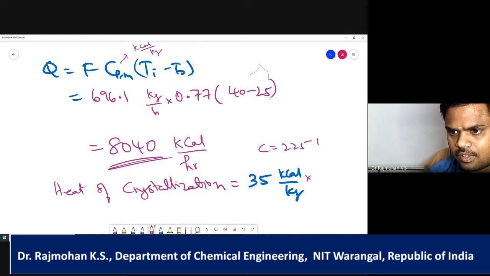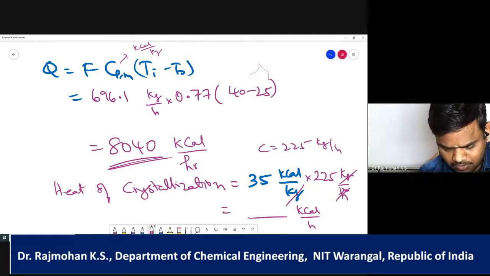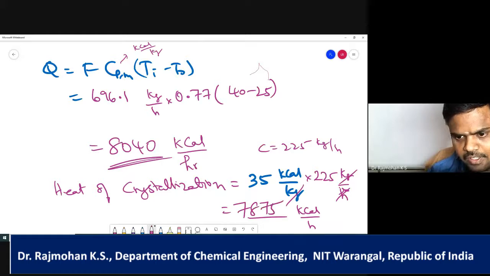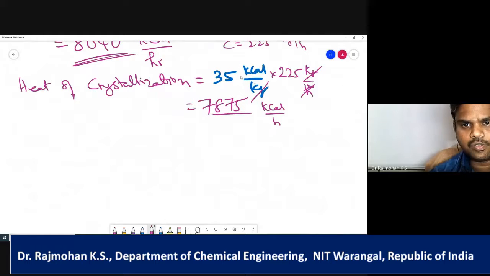So 225 kg per hour, with kg getting cancelled, gives us this much kilocalories per hour. How much? 35 into 225, 7875. Okay, 7875 kilocalorie per hour is the heat of crystallization for 225 kg of crystal form. Per kg of crystal form we had 35 kilocalories of heat of crystallization. Okay, so what is the total heat?